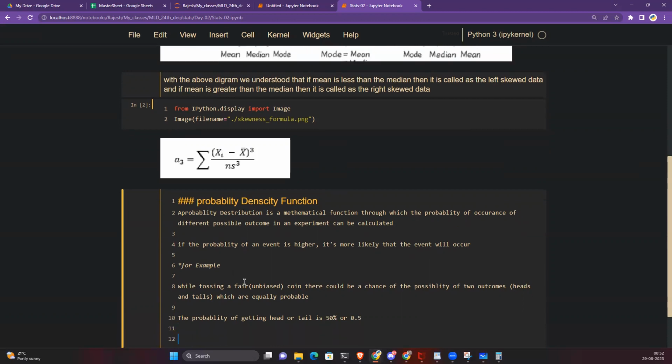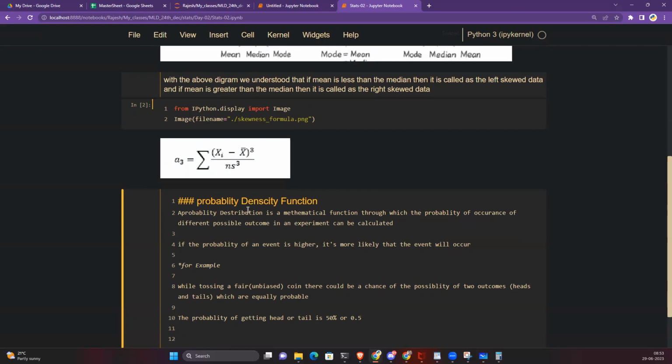Okay, so this is called equal probability. So see, this is equally probable, right? You can't say the chance of head occurring is more or the chance of tail occurring is more. Did you understand what I'm trying to say? It's equally probable. We can't say what is the most probable thing here.